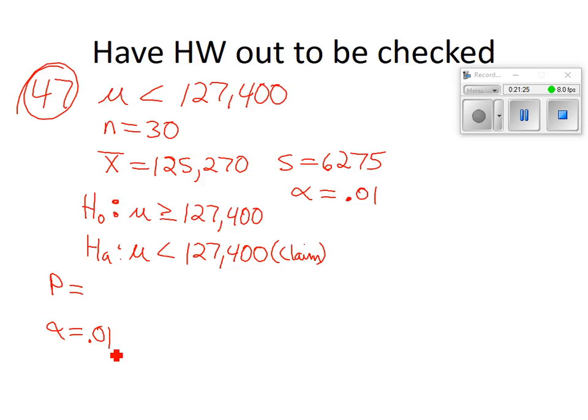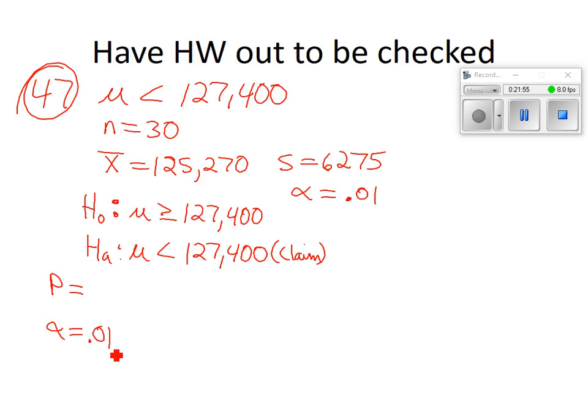Hit enter. We're not putting in data. If you look at some of the other problems where they had the list, then we would be doing that. This time we're just using stats, and we're going to put in all of this information. Our mu this time is 127,400. Our standard deviation is 6275.